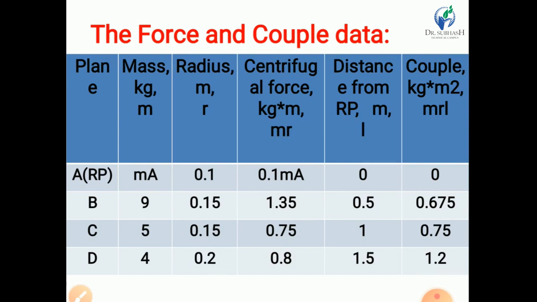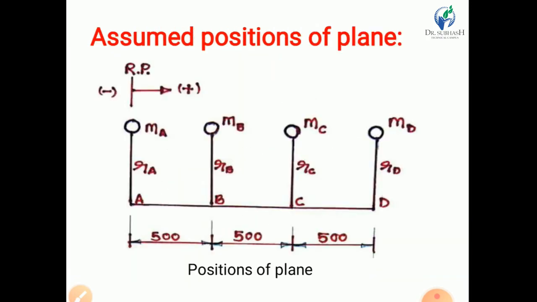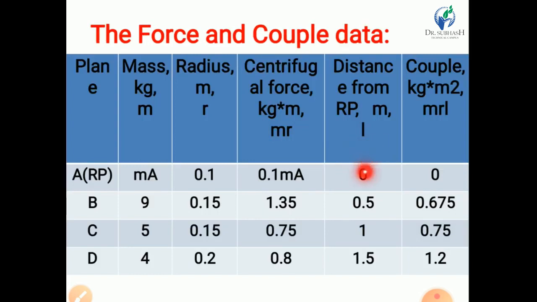Now the distance from the reference plane, in meter, has the notation L. Since the A plane is the reference plane, its distance is 0, so we write 0 here.